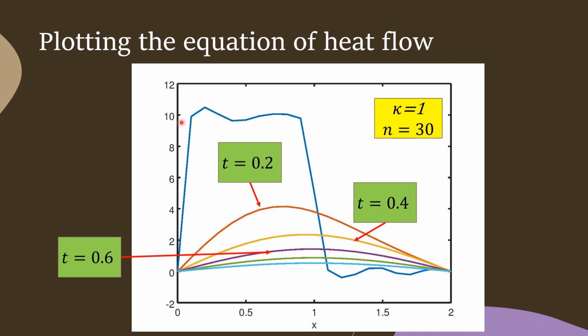We see that at t equals 0, this looks like the step function that we wanted. Then when you go to t equals 0.2, you will see this is the temperature across the bar. The x-axis is representing the x term, and t equals 0.4 is going to decrease, and 0.6 is decreasing further, right? So that is the plot that we get when we use this equation that we generated earlier.